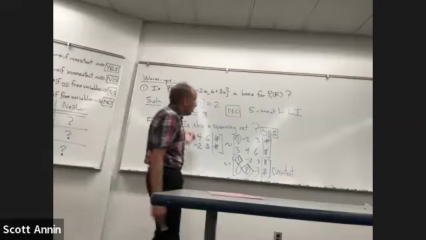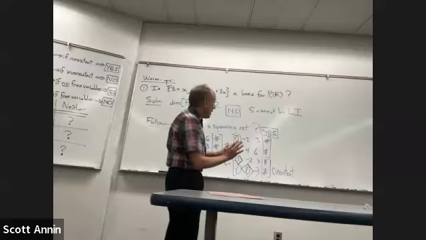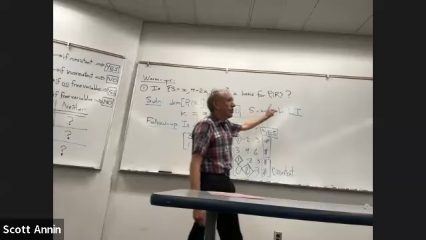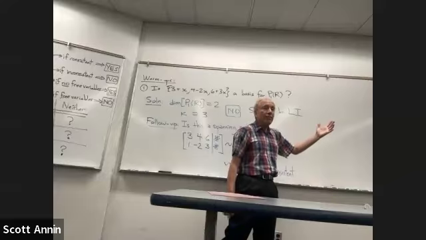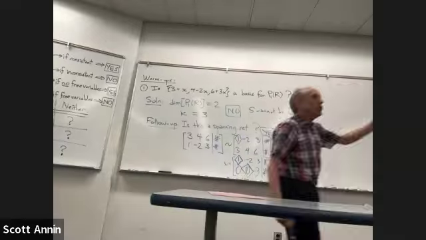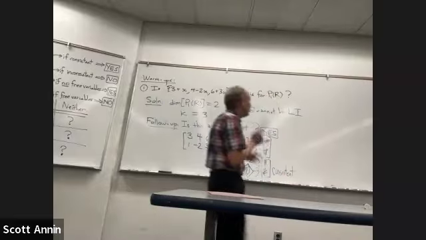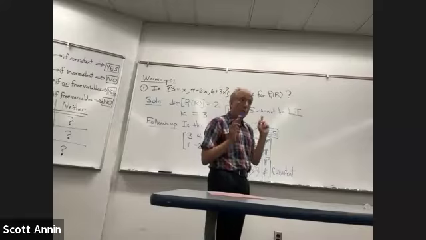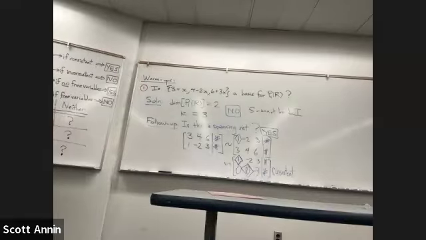Actually, there's another reason why you might set up this matrix, aside from wanting to know if it's a spanning set. As soon as I know that the set is not LI, then I actually know that it's LD. And if you look at the homework for tomorrow, if the vectors are LD, they will sometimes ask you to write down a linear dependency.